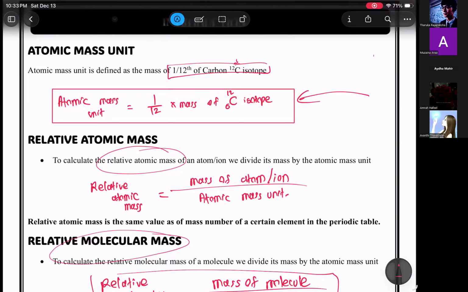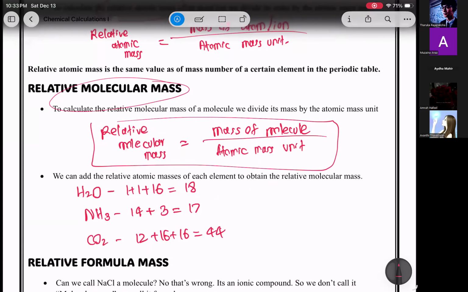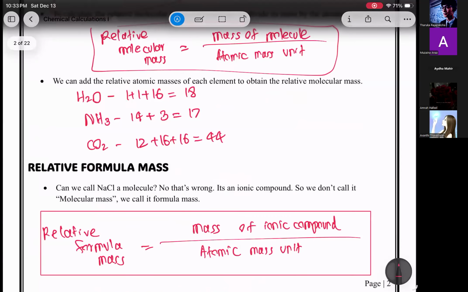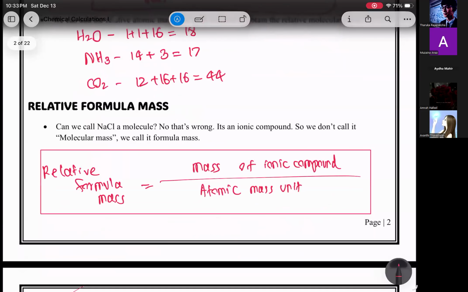Then you go to relative molecular mass. Relative molecular mass is the same as relative atomic mass, only you're considering a molecule. And then we learned that relative molecular mass can be calculated by adding the relative atomic masses of each atom. For example, nitrogen, hydrogen, hydrogen, hydrogen, you get ammonia. Easy. Then relative formula mass. Relative formula mass is for an ionic compound.